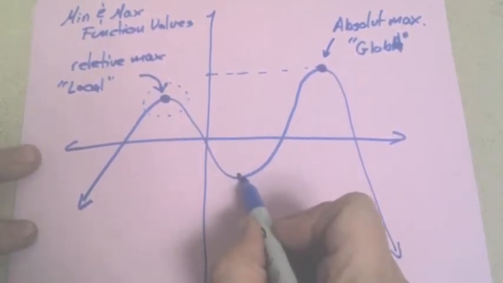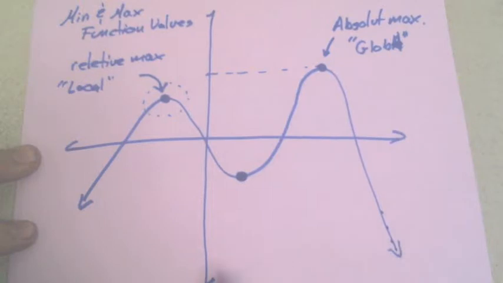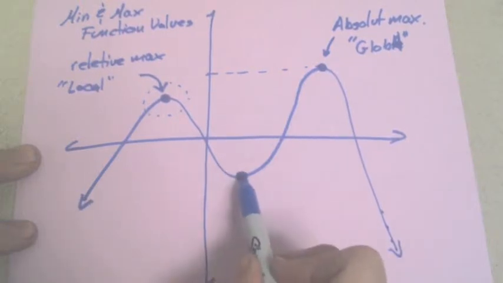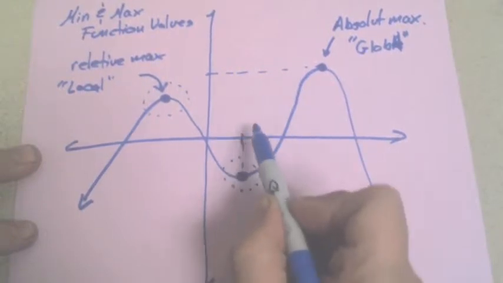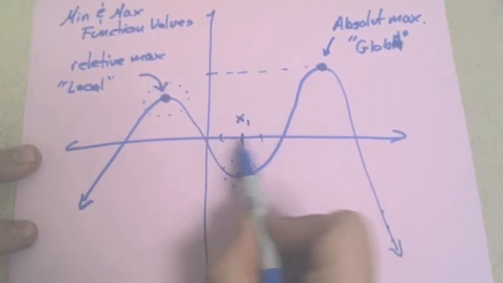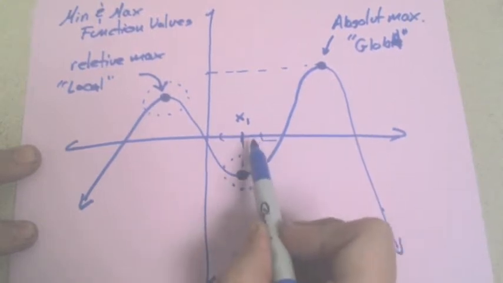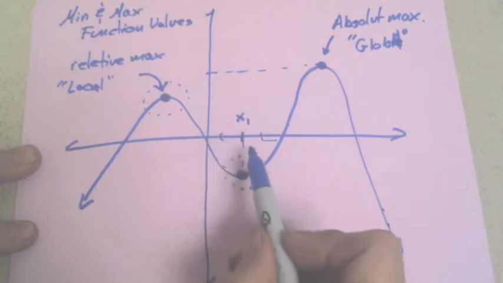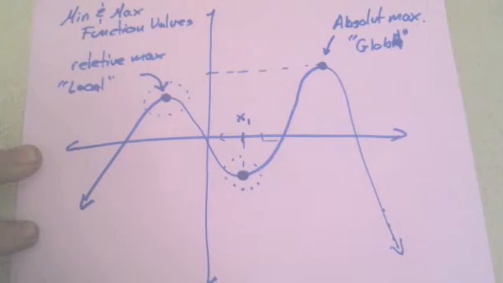Similarly, this point down here is not the lowest place anywhere on the graph. These points certainly have lower y values, but it is the smallest value in its little neighborhood. For this x value here, call it x1, for the x's around that x1, this is the smallest value you will get in that little neighborhood. And again, the word neighborhood is actually a technical term for a little bubble around a value.